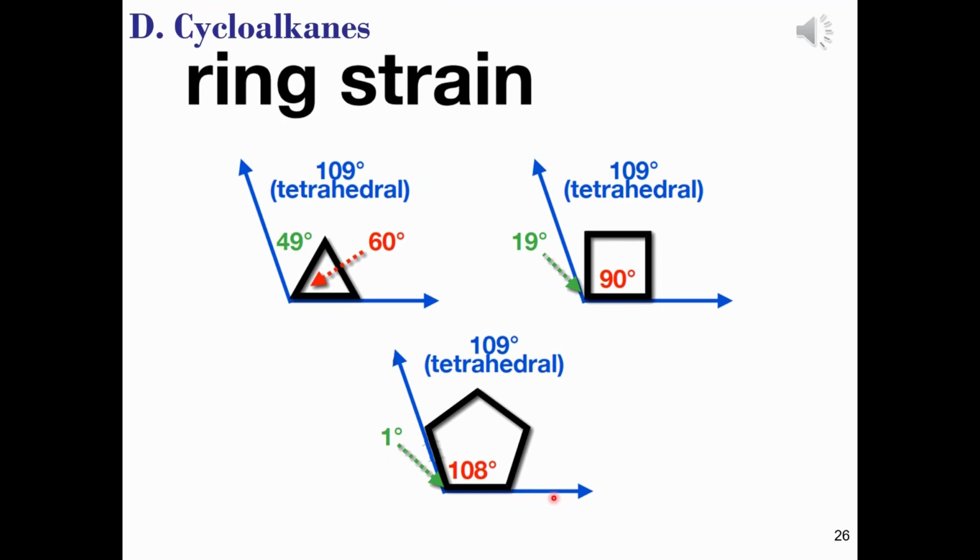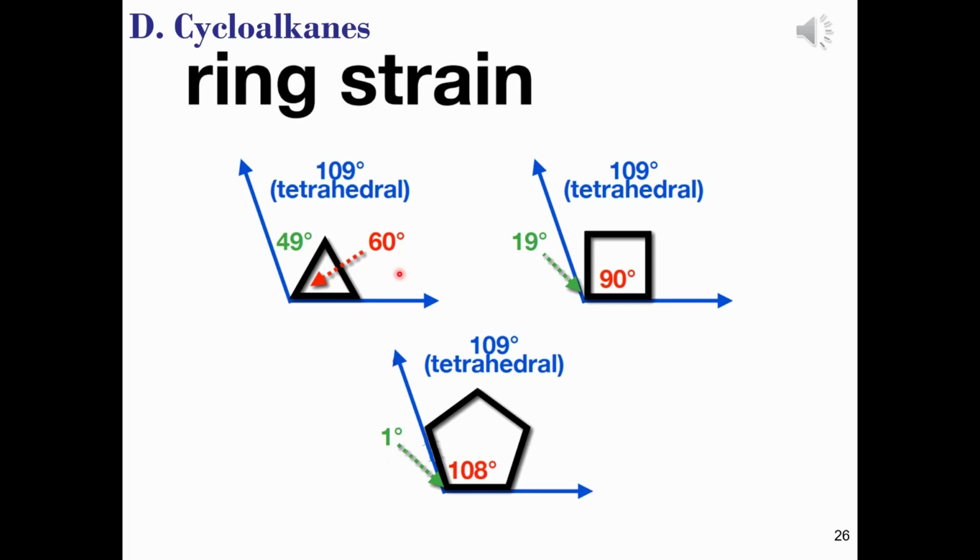Ring strain occurs because the carbons in cycloalkanes are sp3 hybridized, which means they should have an ideal bond angle of 109.5 degrees. When they don't have that ideal bond angle, this causes an increase in the potential energy because of the desire for the carbons to be at that ideal bond angle. So for cyclopropane, we can see that the measured bond angles are 60 degrees.